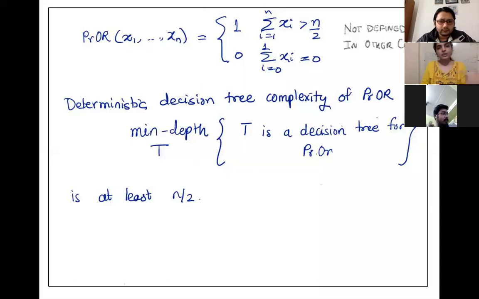And what we in fact showed on the previous slide was that to compute the promise OR function written on the top of this slide, at least n/2 queries or n/2 depth is necessary, or alternatively, deterministic decision tree complexity of this promise OR function is at least n/2.